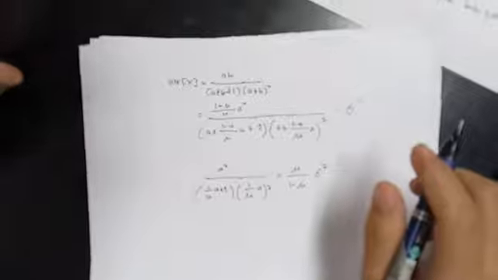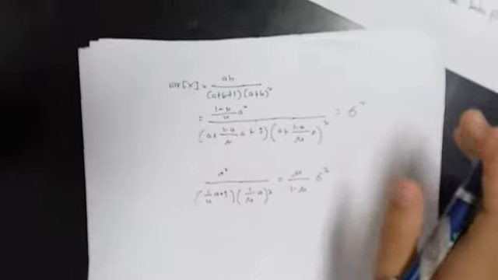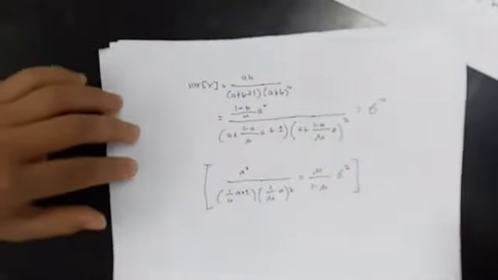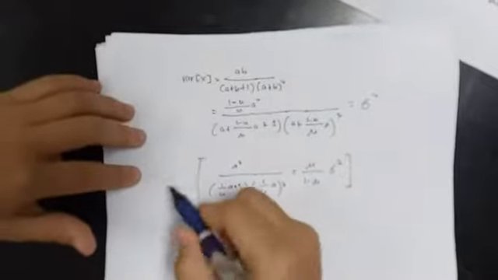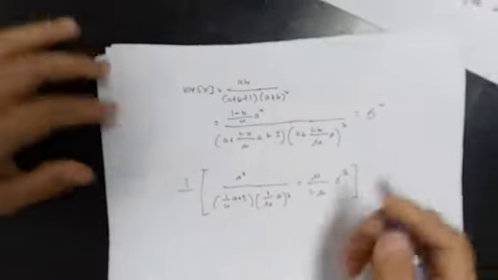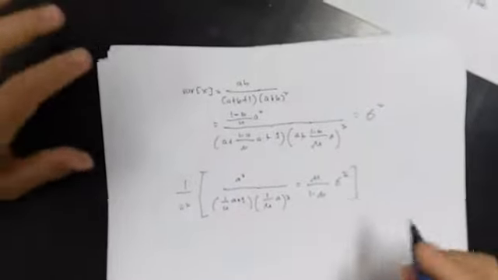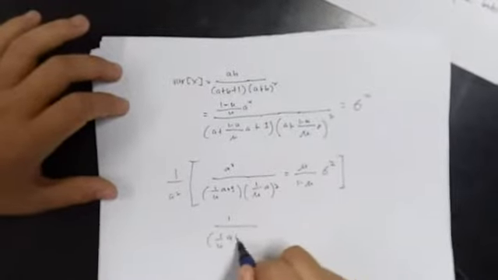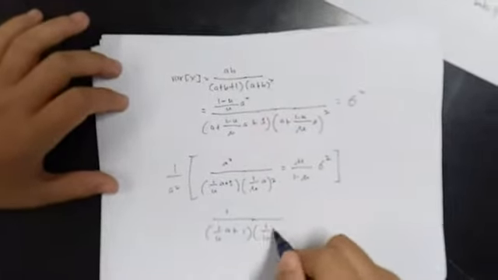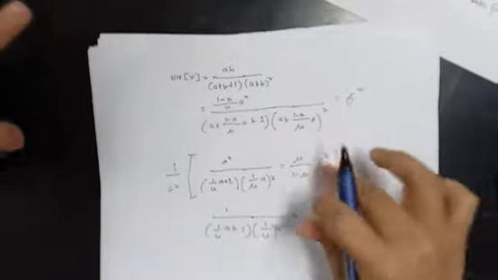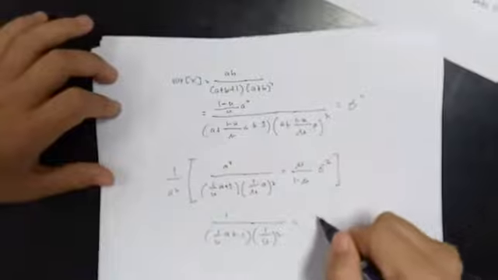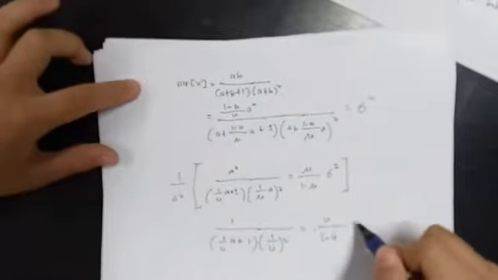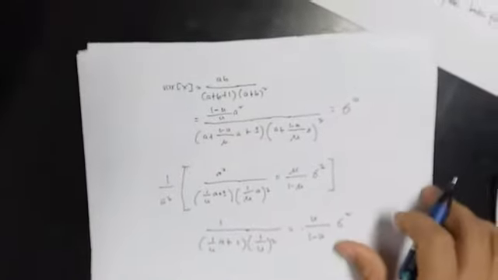Then we divide the numerator and the denominator of the left hand side by this thing, which is equivalent to having this one. We multiply by A squared, and now we come up with 1 over mu (A plus 1 minus mu) squared, nothing has changed, equal to mu over (1 minus mu) times sigma squared.